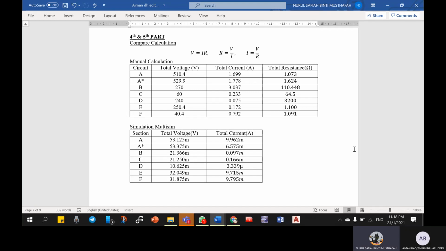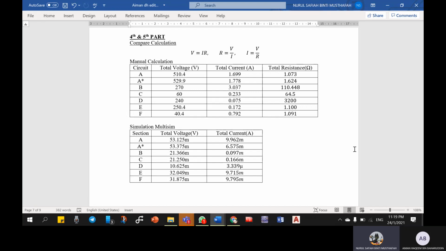In this part, we are about to compare the calculation of the manual and the simulation. So we are using the formula V equals IR, which is voltage equals current multiplied by resistance.